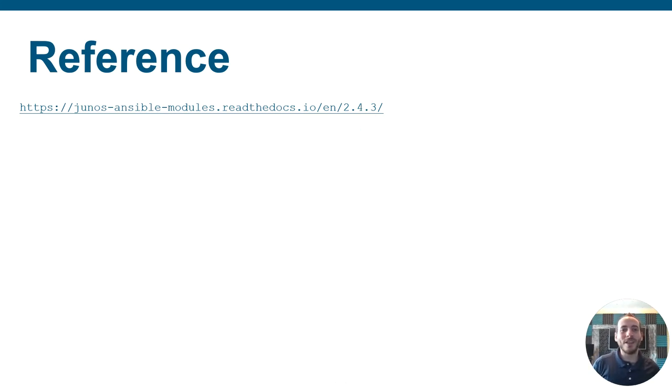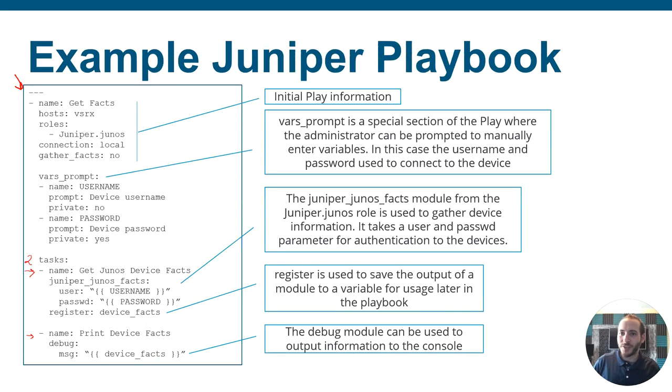It might be newer. It will link you to the newest one if you end up going here. This gives you a great breakdown of the different parameters that you can use for each of your modules. We just happened to run the Juniper Junos Facts module here, and it took the user and passwd parameters.